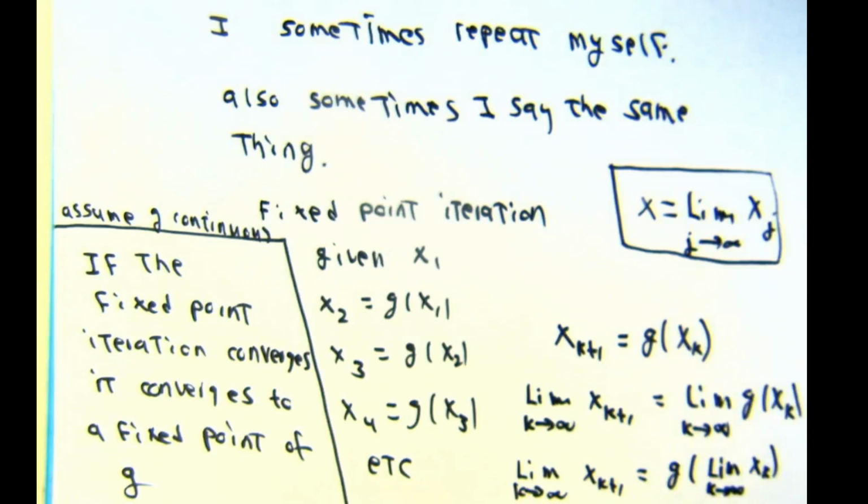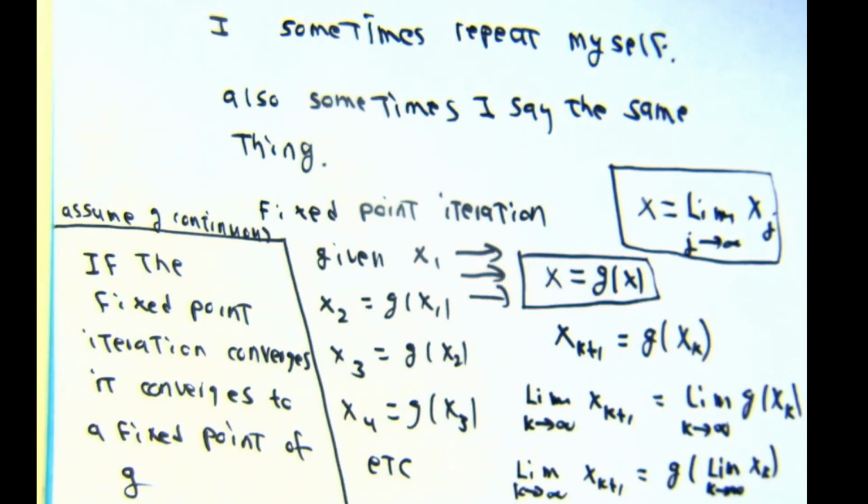For a continuous function, the limit as k tends to infinity of a function value evaluated at x number k is the same as the g function evaluated at the limit of the xk's, but the limit of the x indexed numbers is this number x.